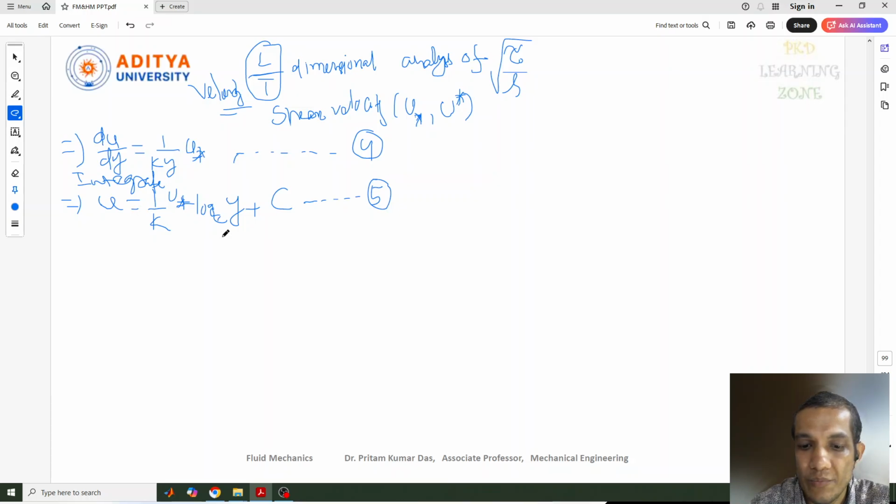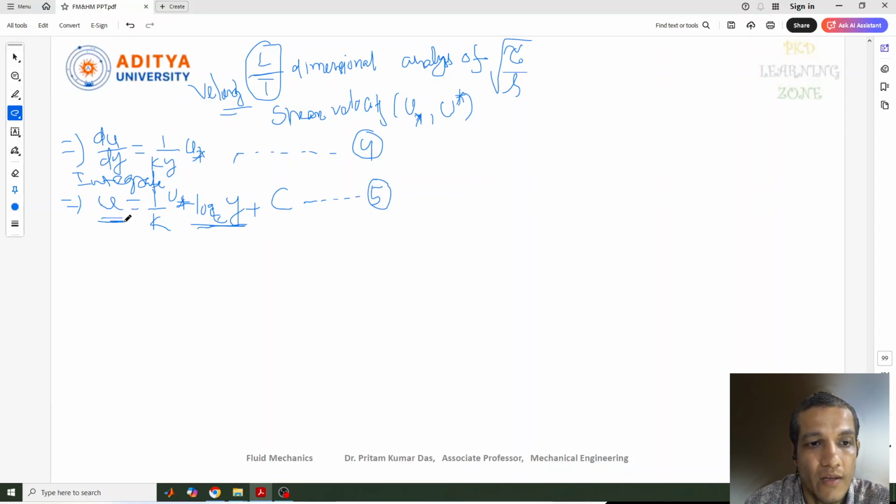Now this equation actually shows that the turbulent flow velocity varies with respect to the logarithm of distance. See, this is the logarithm of distance, this is the velocity.